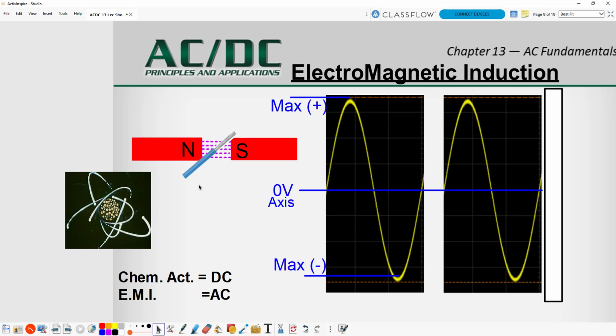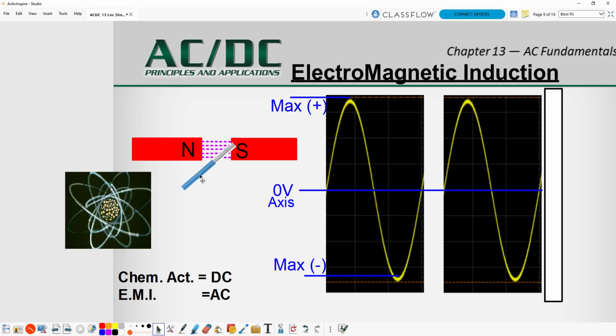So that's what happens when we move this conductor through the magnetic field. It causes the electrons to be moved away from the nucleus of the atom and to move from one atom to the next, and this is electrical current flow. So it's all about the magnetism. We're introducing this conductor into a greater magnetic field and therefore causing the electrons to be moved.